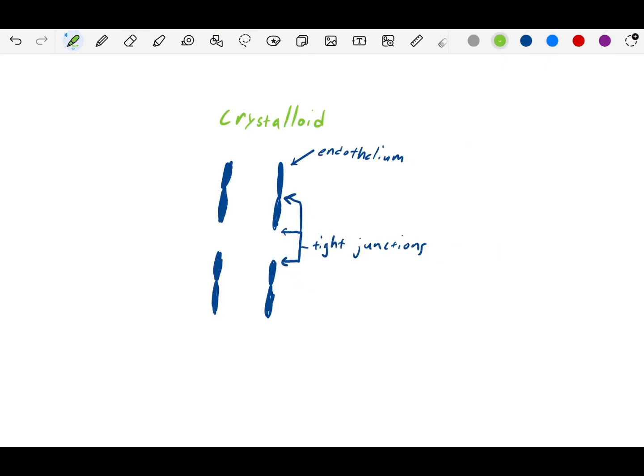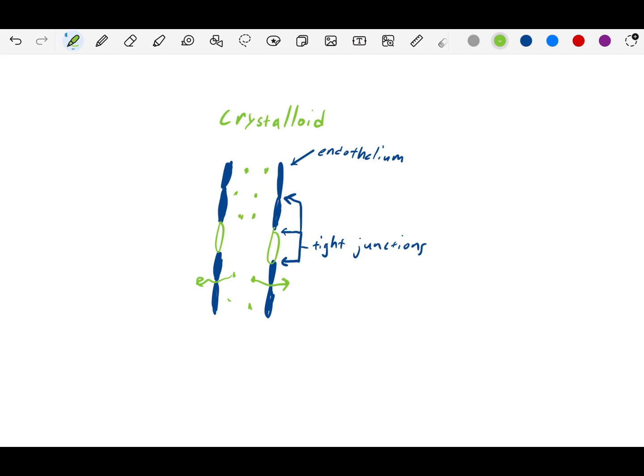From a pathophys standpoint, here's the crystalloid. They're little molecules kind of hanging out, doing their thing. And then with those capillaries, healthy or not healthy, they're always able to move through, not an issue. And we know that some of those, 25% around, are going to stay in that intravascular space anyway. So even if there is sepsis, trauma, burns, there is an opening in the capillary membrane that occurs due to inflammation.